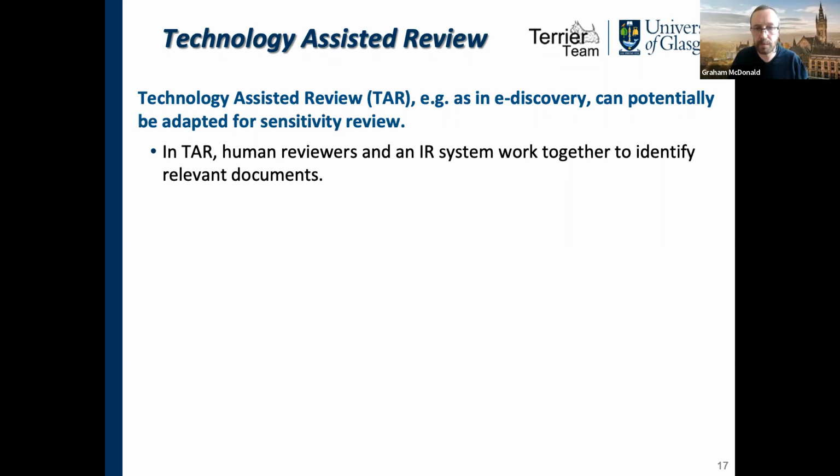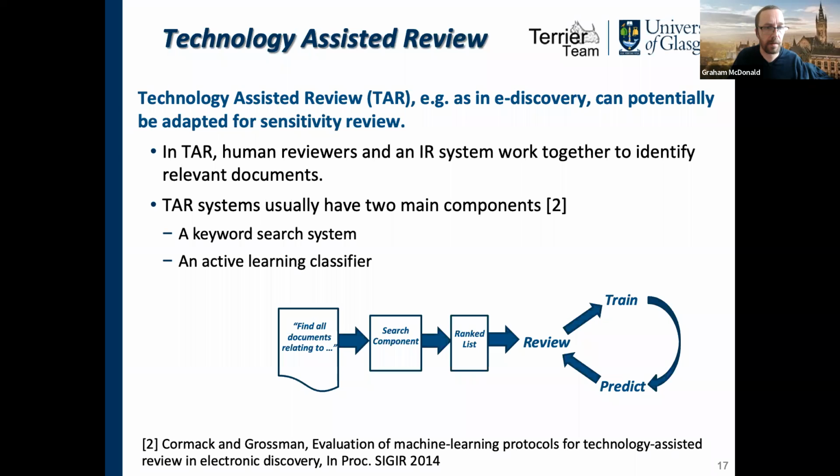For those of you who are familiar with e-discovery, in the typical process there's a human and an IR system working together. You might have some keyword search terms and an active learning classifier, which combine to find information that's relevant to a particular legal case.